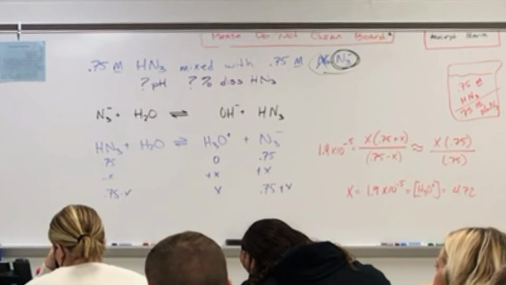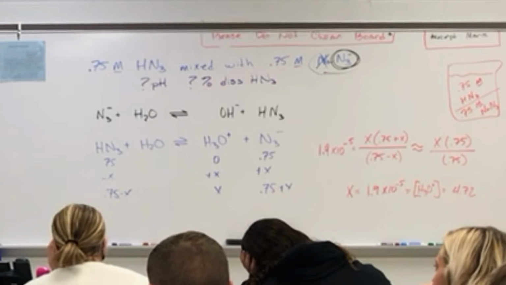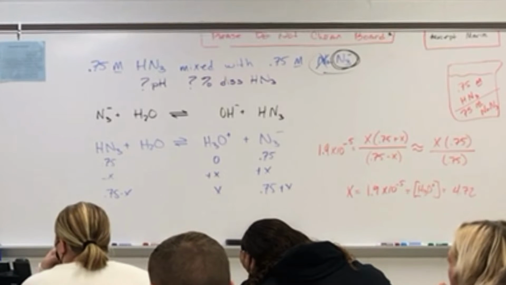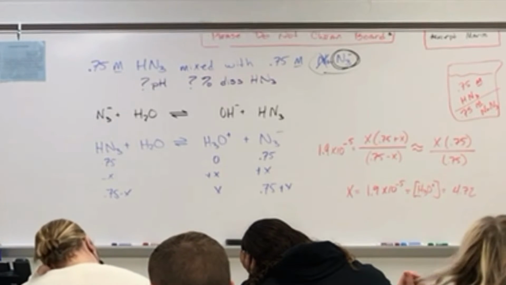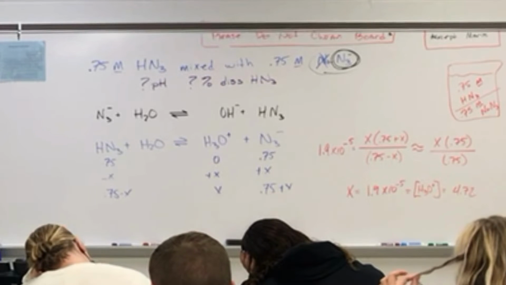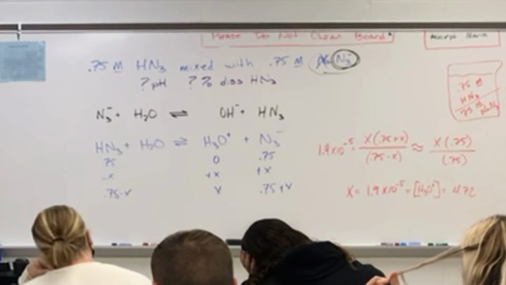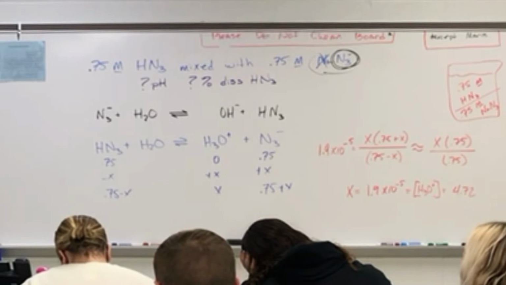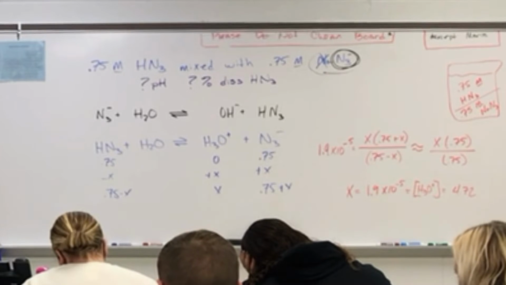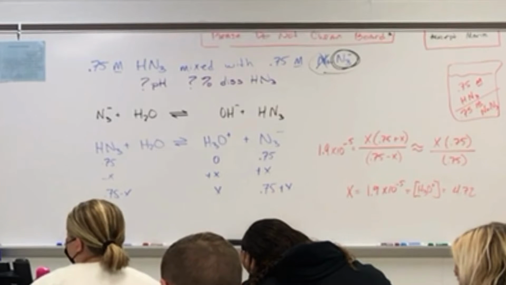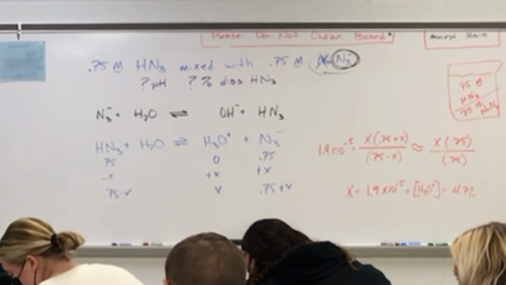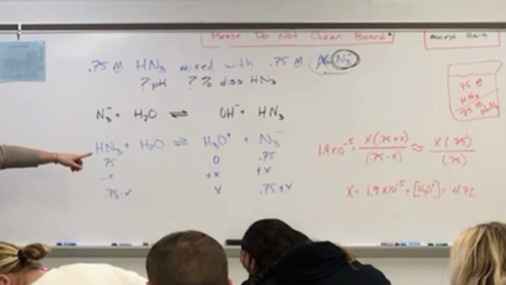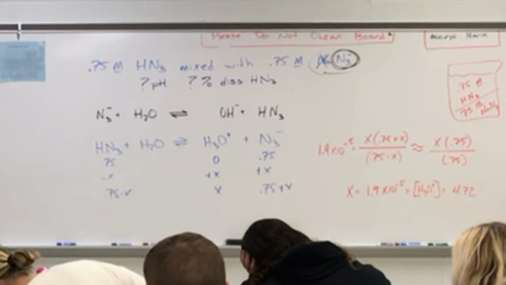Percent dissociation, although it's very small here, was 200 times greater percentage-wise. We've gone from 0.5 down to 0.0025%. Our pH went from 2.42 if it's just the acid, to 4.72 when mixed with the acid and the base.